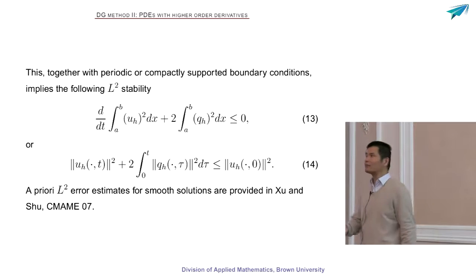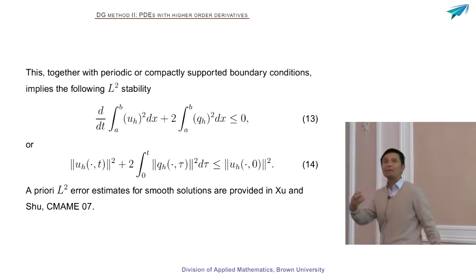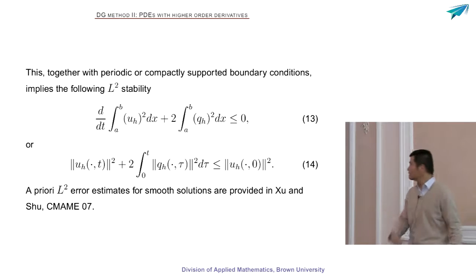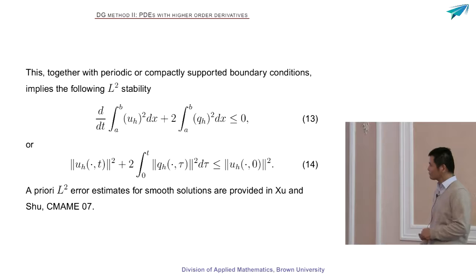Notice that the exact solution of the nonlinear convection diffusion equation also has this property. So we obey the same stability property as the exact solution of the PDE. You can also prove error estimates. Yeah, so this is very nice.